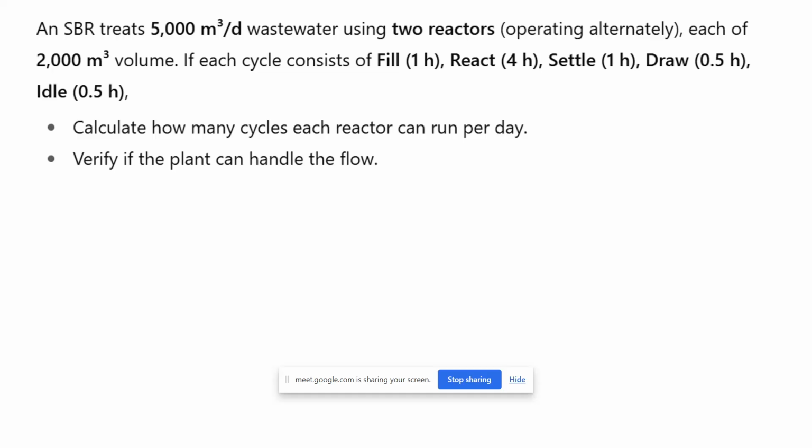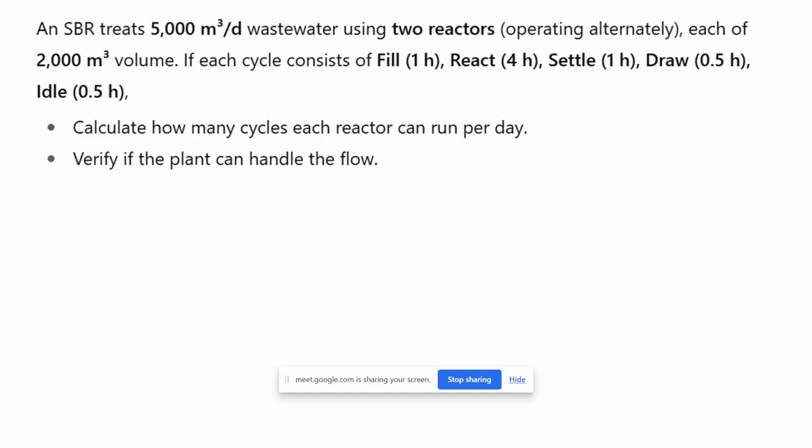For the second subdivision, verify if the plant can handle the flow. For handling the flow, we need to know the total volume and the total treatment time, like HRT. The HRT to treat is 7 by 24, since 7 hours is for one cycle. So 7 divided by 24 is the HRT for treating one cycle.